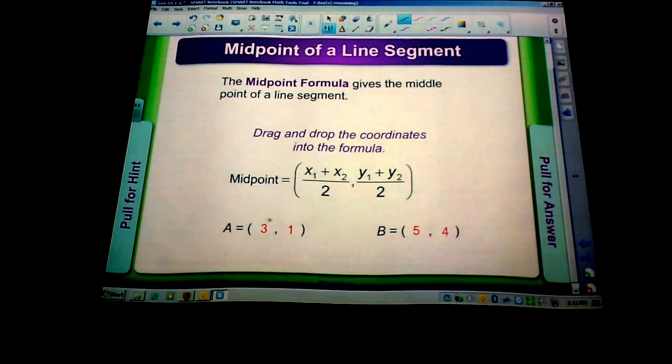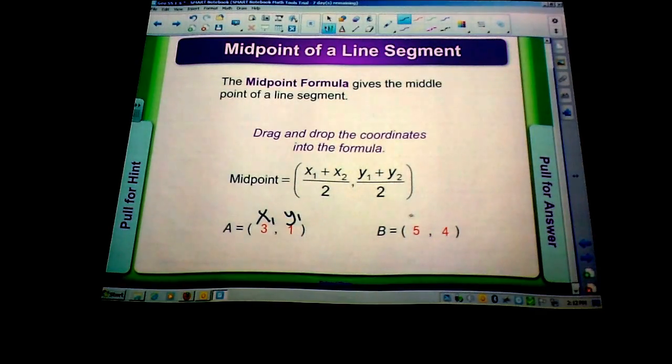So right here, we have 2 points given to us, point A and point B. To figure out where the midpoint is of points A and B, or segment AB, we apply the formula. I like to label everything first. If this is my first point, I'm going to call it x1 and y1.